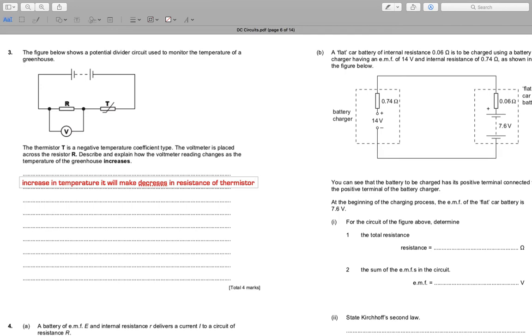So the question is, they want us to describe and explain how the voltmeter reading changes as the temperature of the greenhouse increases.